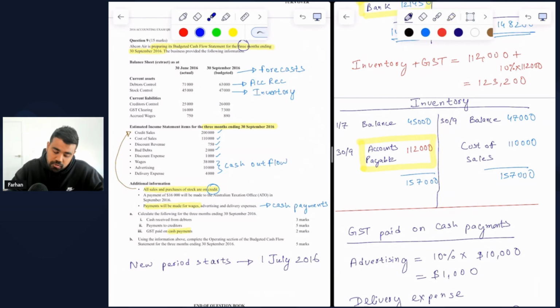What about cost of goods sold? Now, cost of goods sold will reduce your inventory. Why is that the case? Cost of goods sold or cost of sales refers to the cost that we had to pay ourselves as the business for the inventory that we originally purchased.